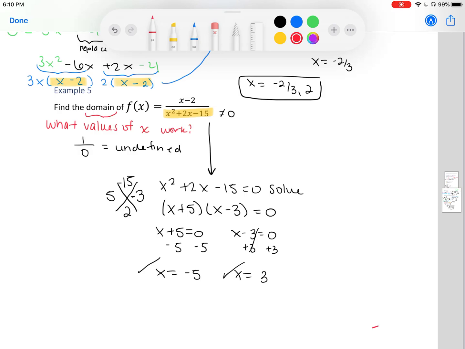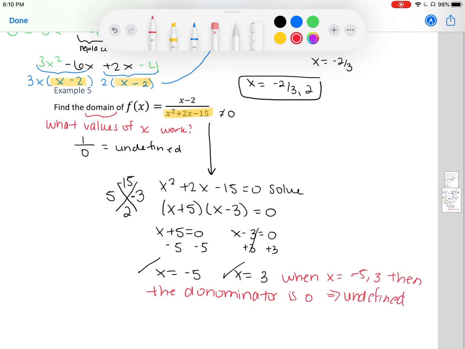I get a 0 in the bottom. So those are the only 2 points that give us any trouble in our function.